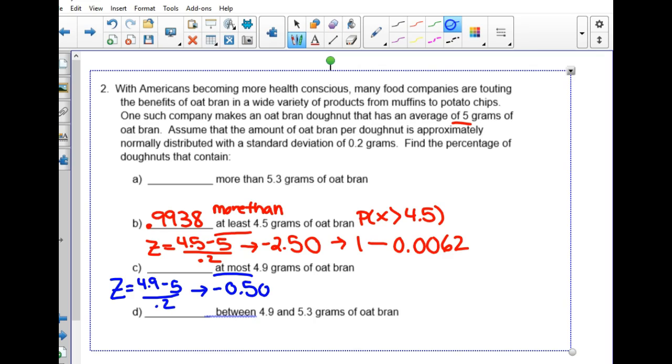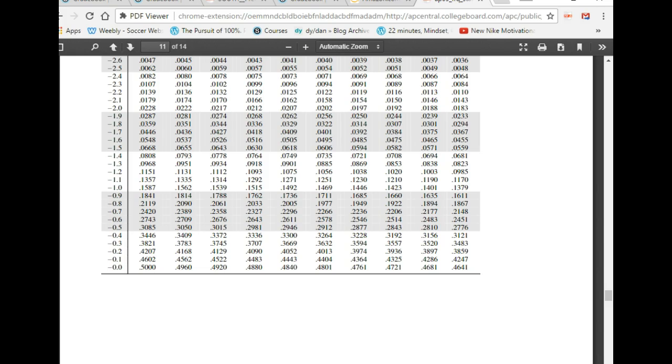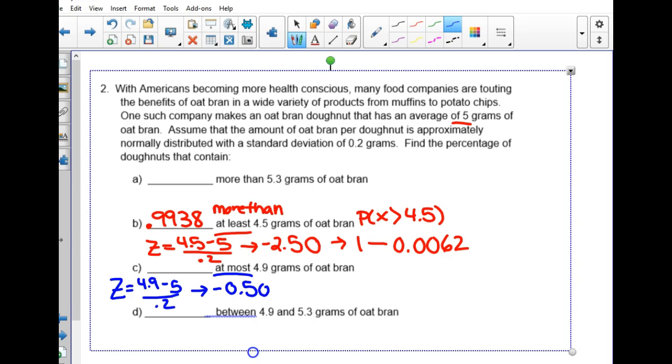Keep in mind an interpretation for your z-score is the exact standard deviations above or below the mean. We're going to go to our chart for negative 0.50. And we say negative 0.5, and we know that first column is the 0, and negative 0.5 is 0.3085. And we stop there because it's a less than.